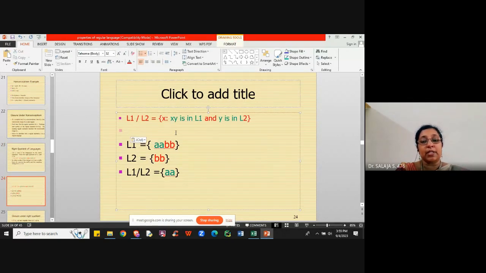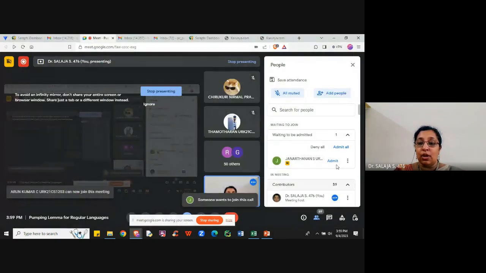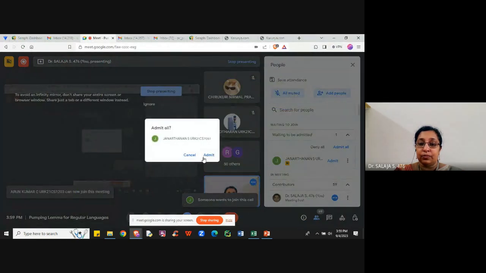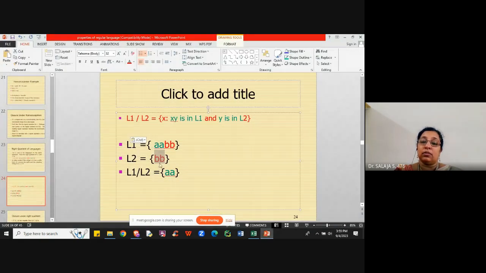Here the string represented in L1 is divided into two substrings, X and Y. X is considered as AA and Y is considered as BB, and you try to find the substring BB in L2. That is why we have marked it in red. In that case, L1 slash L2 will be the first part, the right quotient of L1 slash L2.